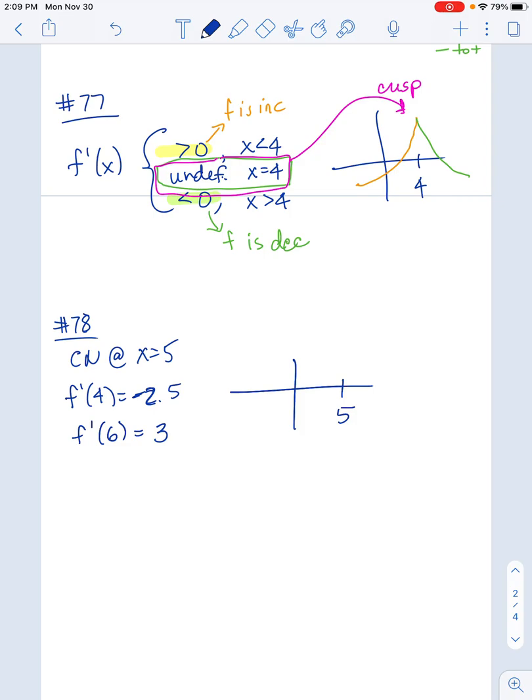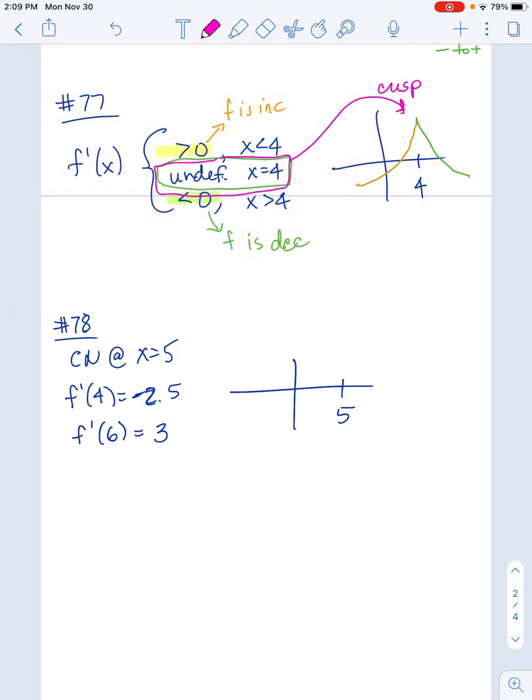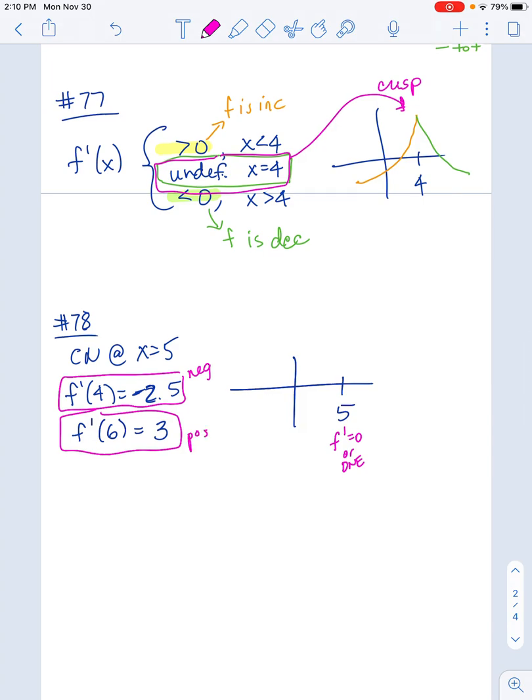Relative extrema. What? I don't even know. Let's see. So here f prime equals 0. I don't know. So this is just saying that the derivative is negative, and then the derivative switches, because it's positive 3, to positive.